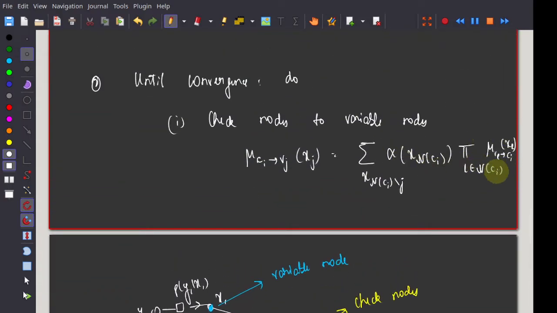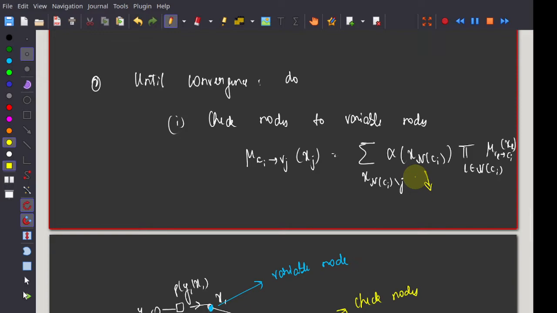So I take the product of all other messages. I multiply with the local function. What is the local function equal to? Correct.